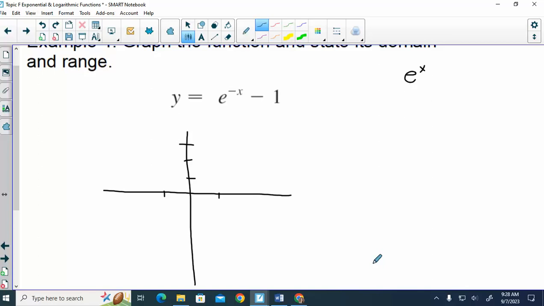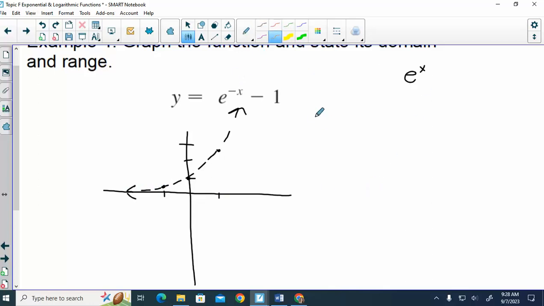About 0.36, so less than half. E to the 0, anything to the 0 is 1. E to the first is about 2.7. So the points are not pretty, but we could graph them.